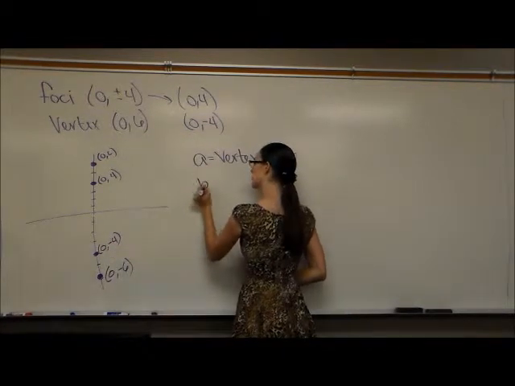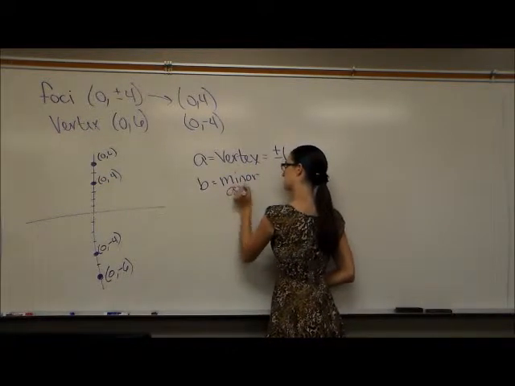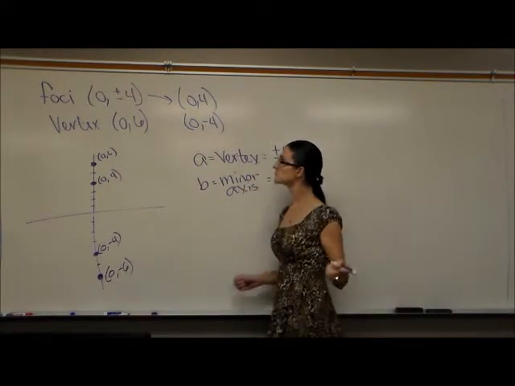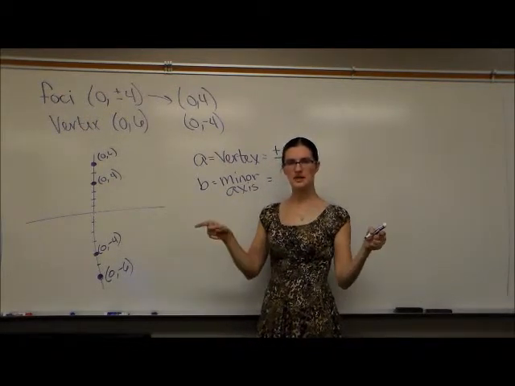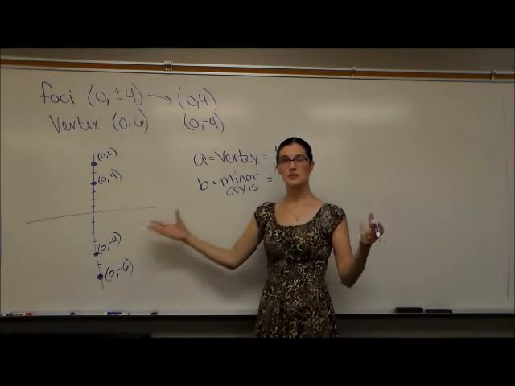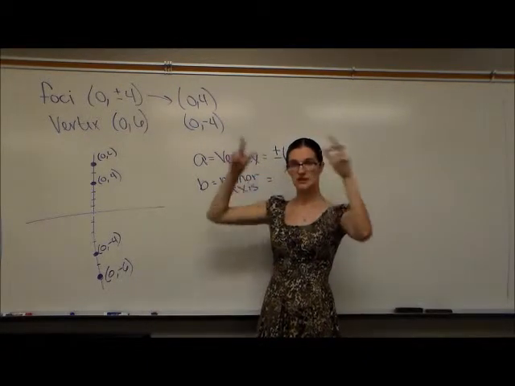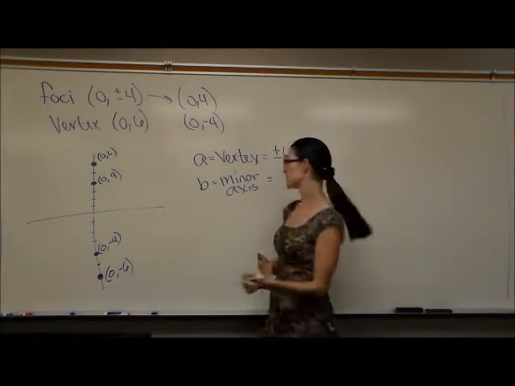Okay? Then they want to know your B, which is your minor axis. They didn't give us B. B would be on the opposite axis. Since everything we have is on the y-axis, our B should be on the x-axis to make the actual ellipse. Since we're missing that, let's go on to our focus.